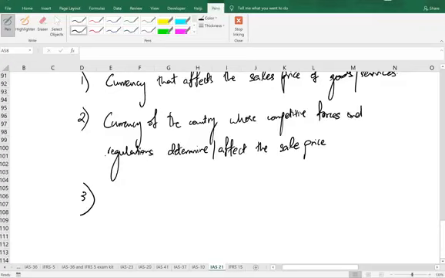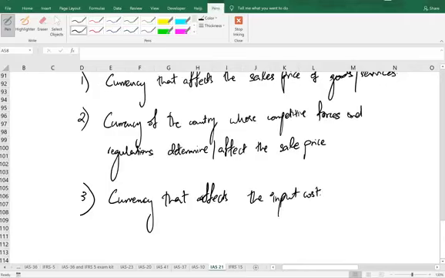Secondary factors, IAS 21 says that you will assess secondary factors if and only if the primary factors do not help you enough to decide what would be the functional currency. All right, the currency that affects the input costs, for example, labor, raw material.